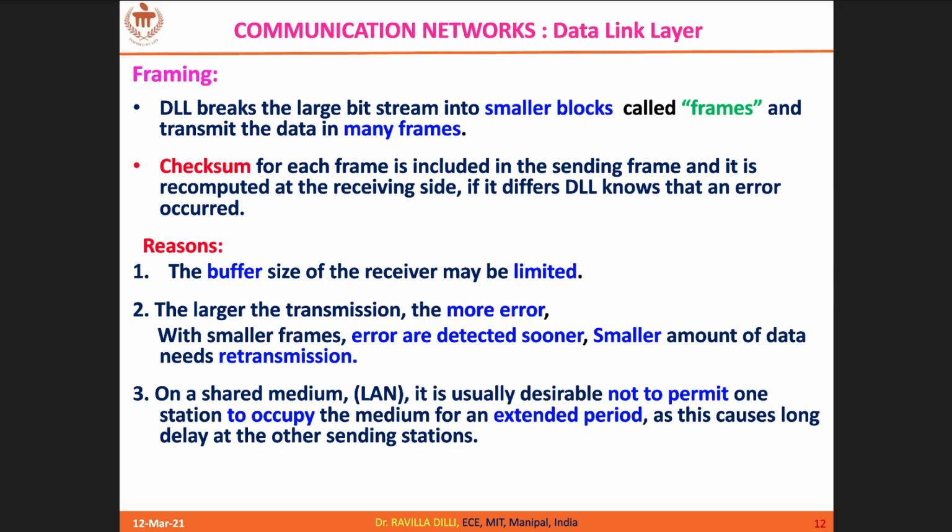And another reason is that if you transmit huge data as a single packet, you are going to use the medium most of the time, and the others may not get a chance to use it. That should not happen. The medium should not be held by a particular user. Instead, it should be fairly shared among other users in the network. So keeping all this in mind, it's essential to make frames at the data link layer.